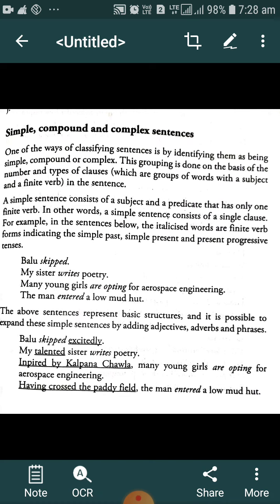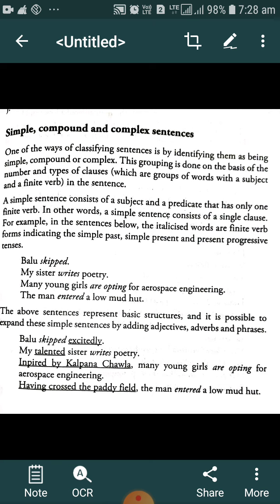For example, in the sentences below, the italicized words are finite verb forms indicating the simple past, simple present, and present progressive tense. First of all, finite verb and non-finite verb. What is the difference between them?